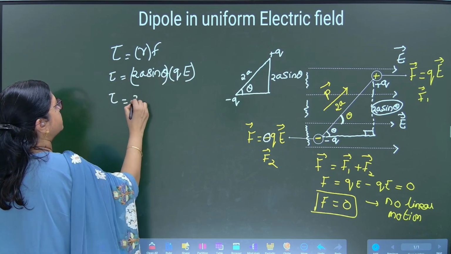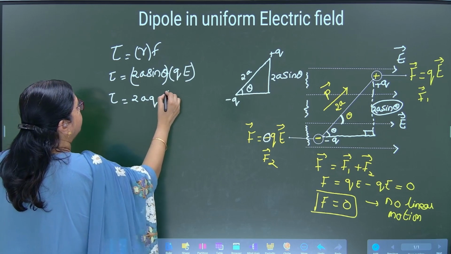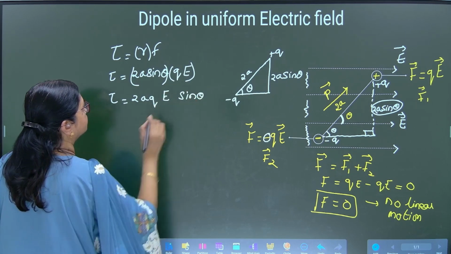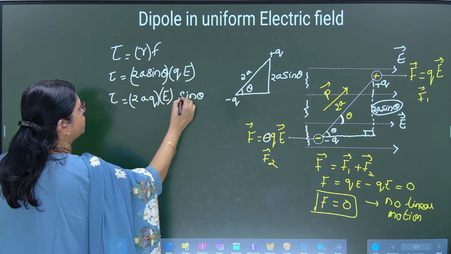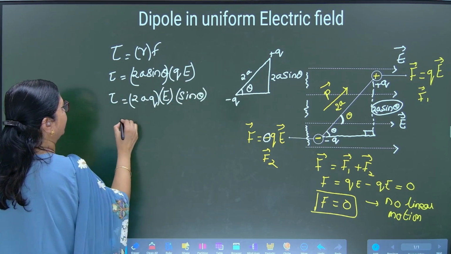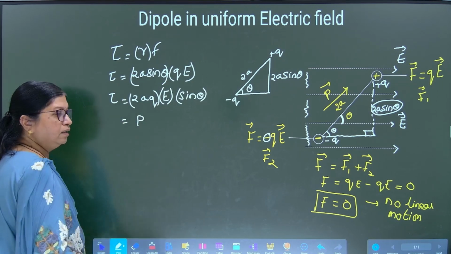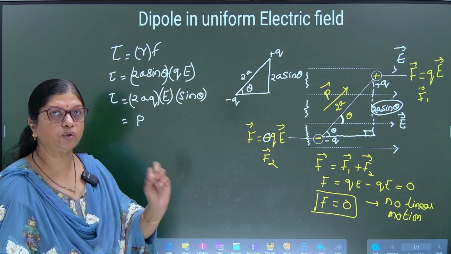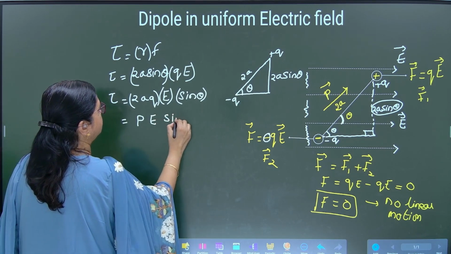So I will rearrange this as 2aqE sine theta. Fine. Now, if I break this expression into parts, then 2aq is the magnitude of P, the electric dipole moment, magnitude 2aq. E, I write it as it is, sine theta.